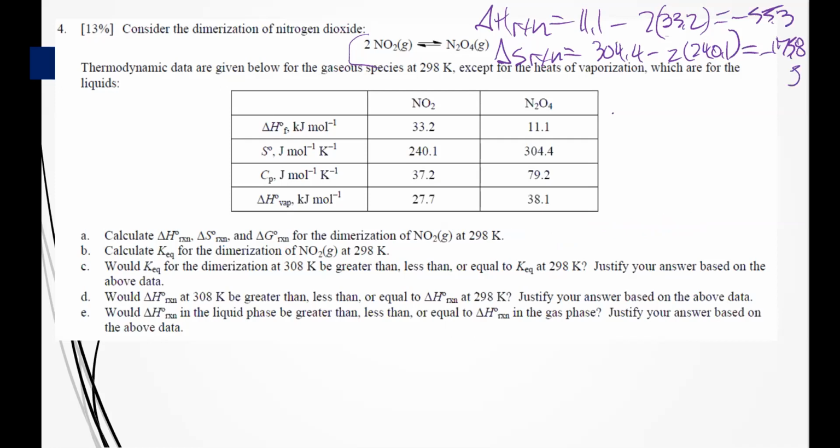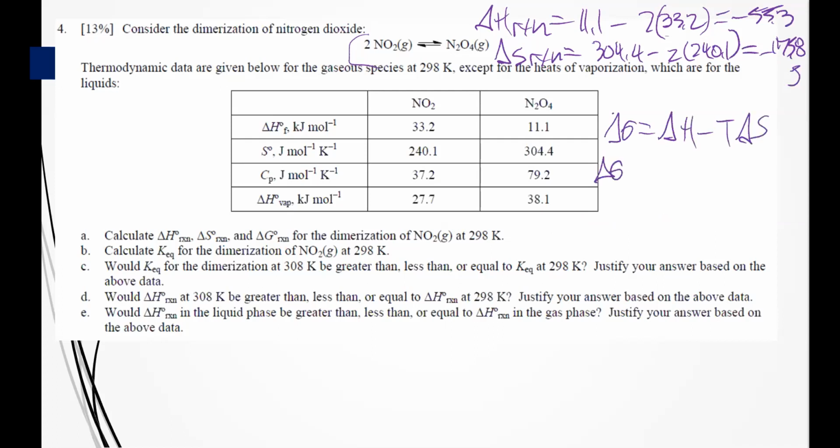And so if we want to find that delta G, what equation do we use? Delta H minus temperature delta S. Minus T delta S. Yep. Right.